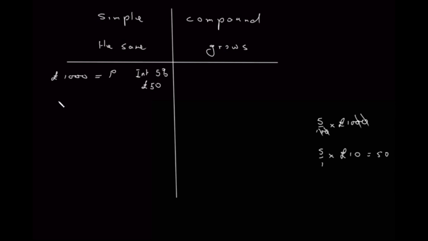So at the end of the first year, we have £1,000 plus £50. That takes it up to 1050. End of the second year, we add another £50. So that would take it up to 1100. See the way it goes?